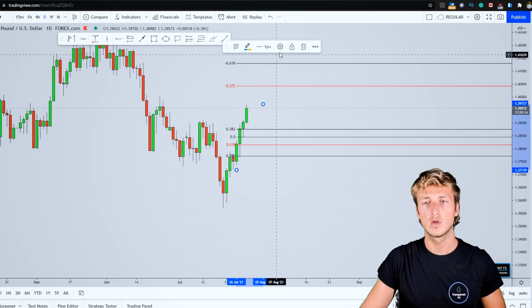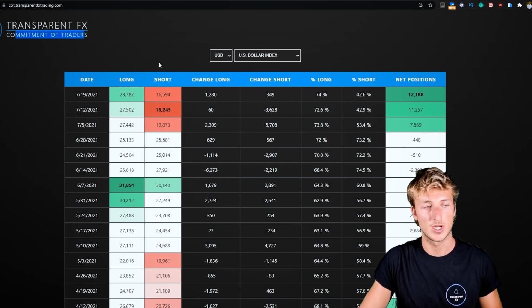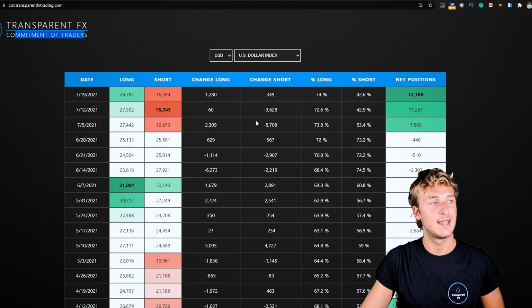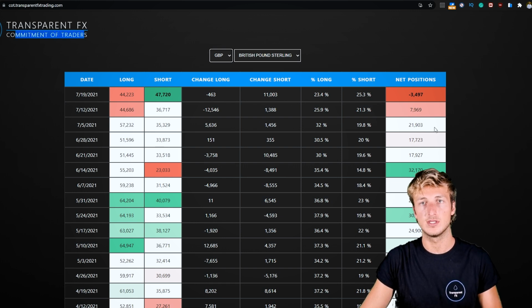Now, if we go and see what we have from a COT perspective, so commitment of traders, which is basically what hedge funds and the non-commercials in the market are doing, we can see how lately on the pound, hedge funds have been decreasing their net positions.